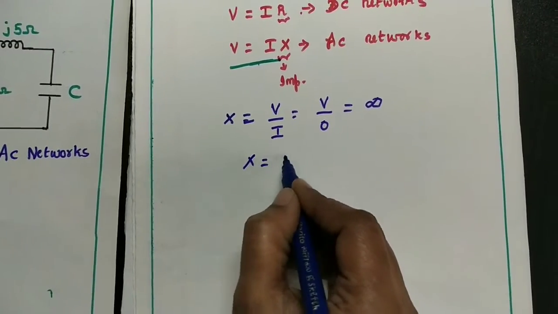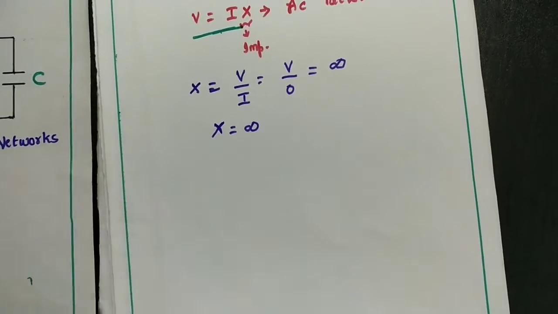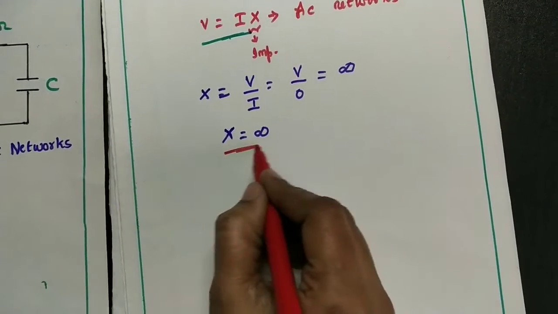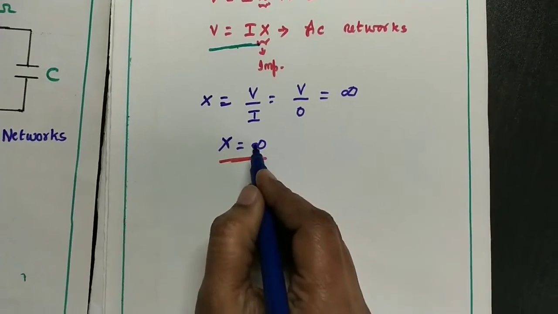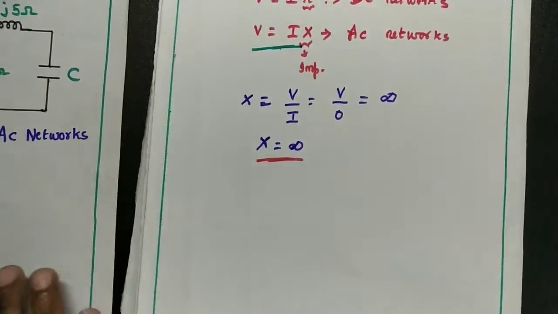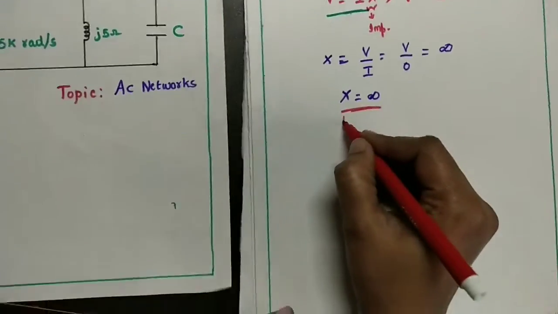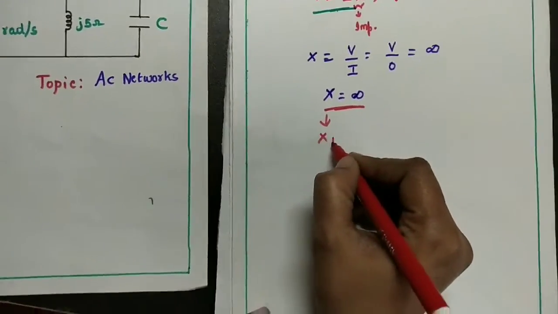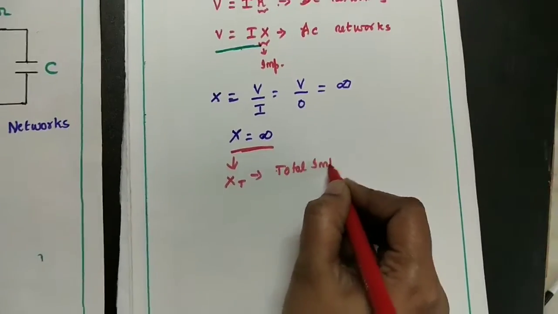So impedance equals infinity for the circuit. So we are considering this to solve the problem. If the impedance is infinity, we have to find the impedance of the total circuit. Let me call it XT, where XT is the total impedance of the circuit.